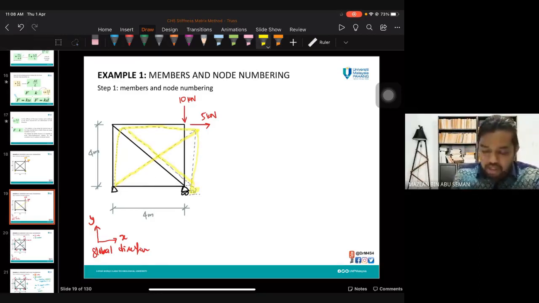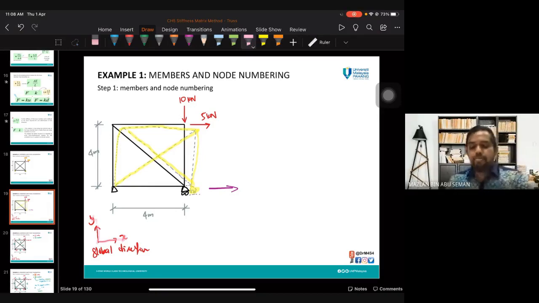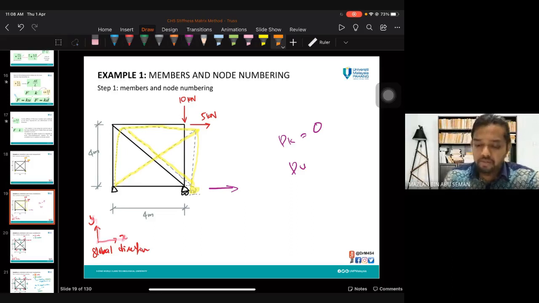Because this here is a roller, roller means you can have displacement horizontally. And please remember you have global directions X and Y. So this is your deflected shape. From this one, you know which one is known, which is zero displacement, and the unknown we don't know yet. That's why it's unknown. This one is known.